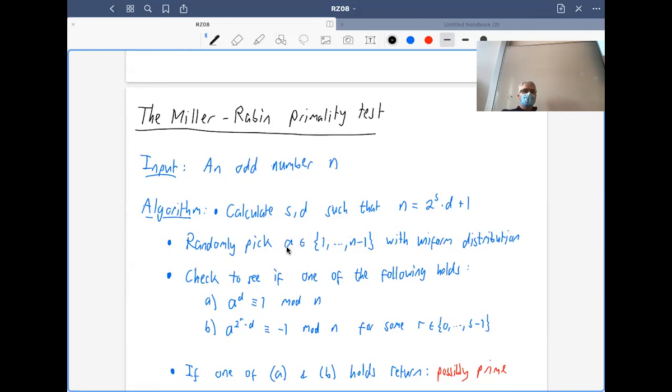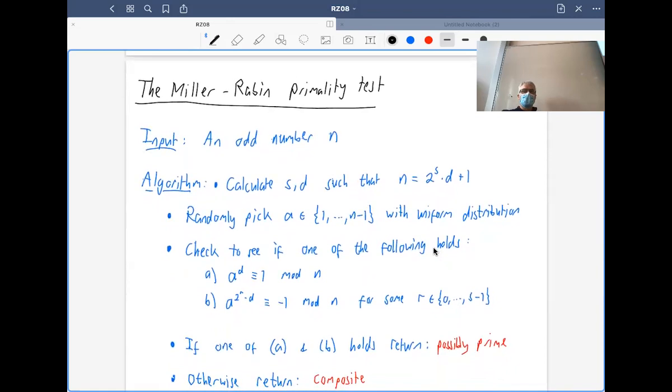Then, and this is where randomness is used crucially, randomly choose some number a between 1 and n minus 1, with the uniform distribution. And we check to see if one of the following holds. If we choose 1, it will always hold, because a to the d is equivalent to 1 modulo n.